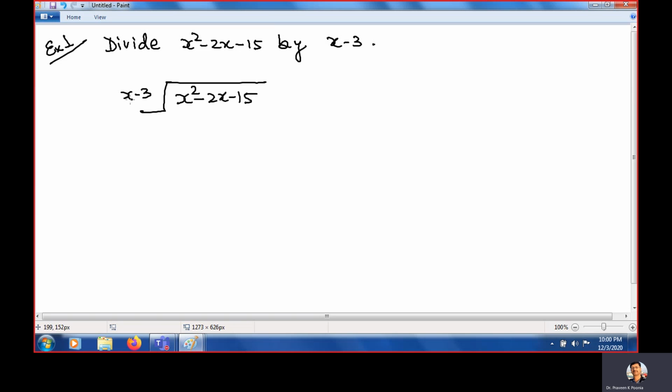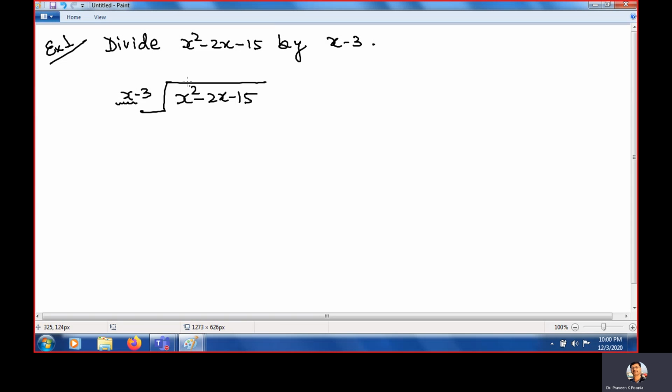Write this x minus 3. Okay. Here it is x square. Please listen carefully. Here it is x square, so you need to multiply by x such that it becomes x square. If here is a plus x square, you need to multiply by plus x. If here is a minus x square, then you need to multiply by minus x.